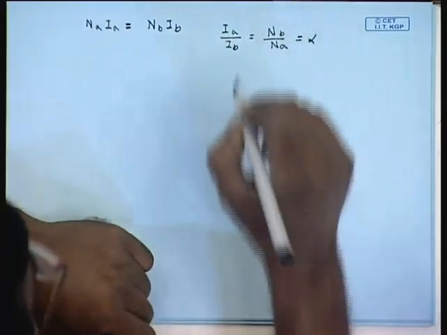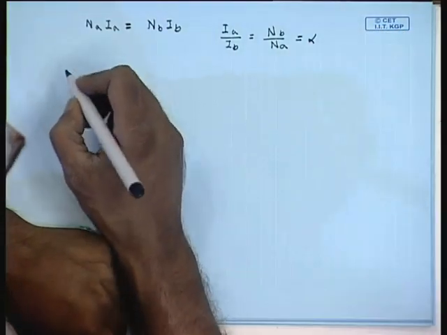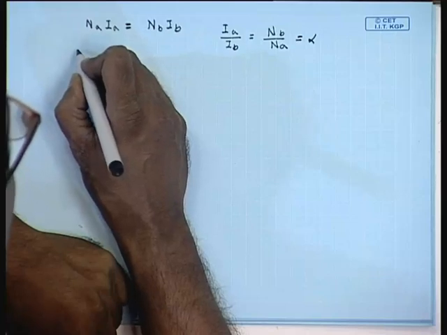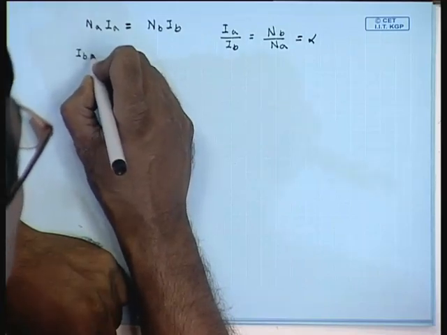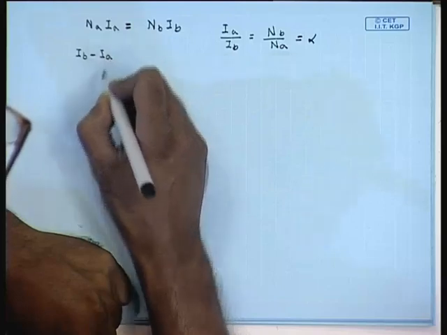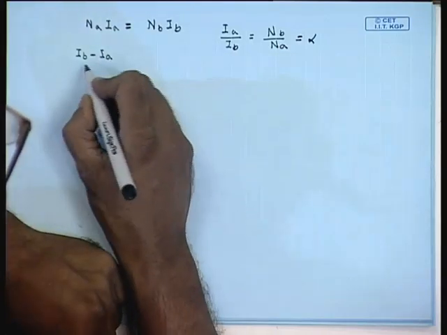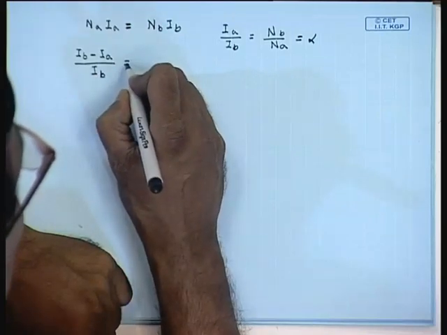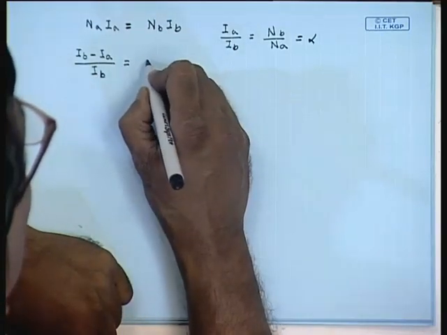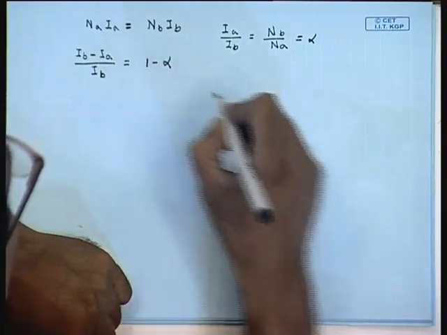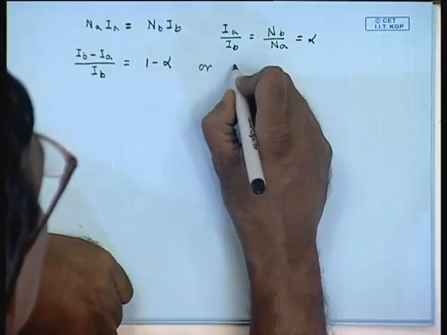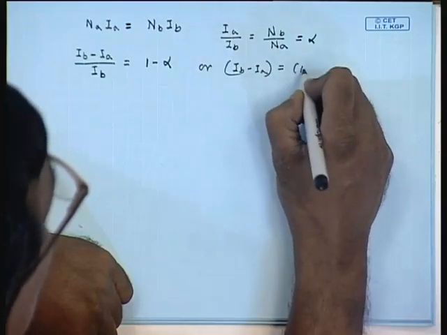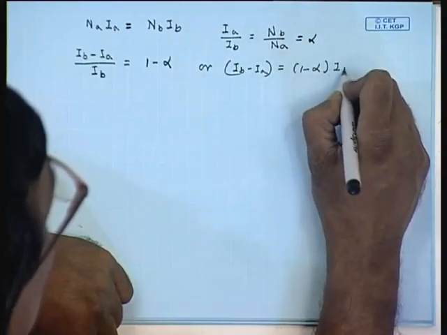Therefore, IB minus IA by IB equal to 1 minus alpha, or IB minus IA equal to 1 minus alpha into IB.